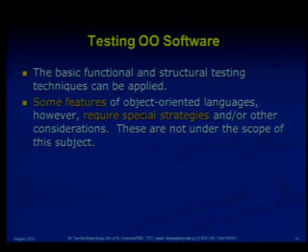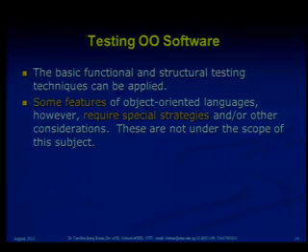Now I want to highlight some points on testing OO systems. When you apply the object-oriented approach to develop software, the basic functional and structural testing can be applied. That's why we call them basic fundamentals. They can be applied to all software.